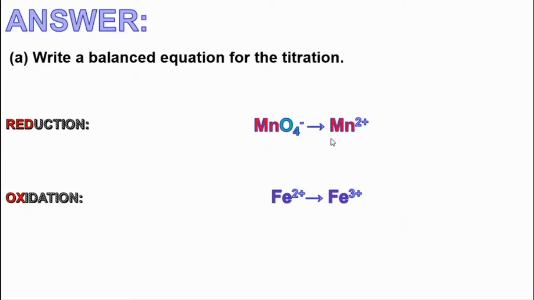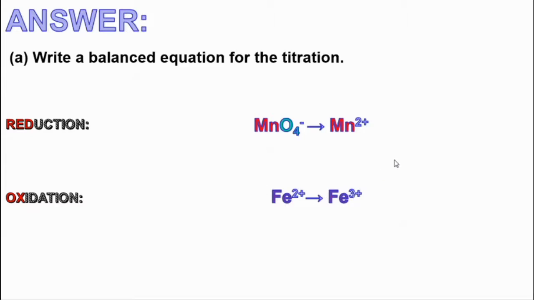Then let's look at iron. On the left side 1 mole of iron, on the right side also 1 mole of iron, so the iron atoms are also balanced on both sides.